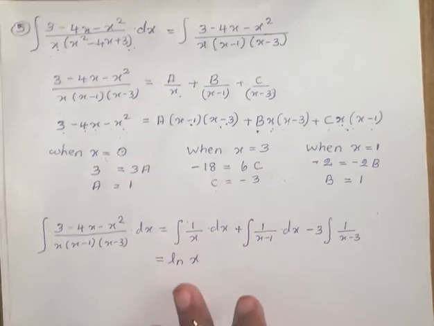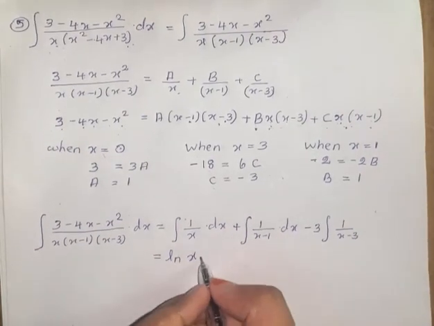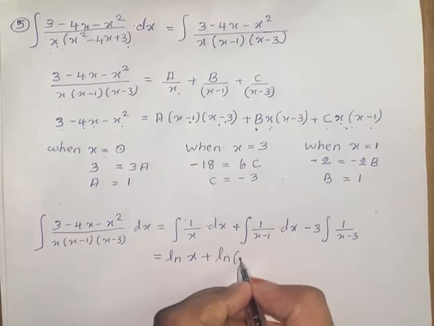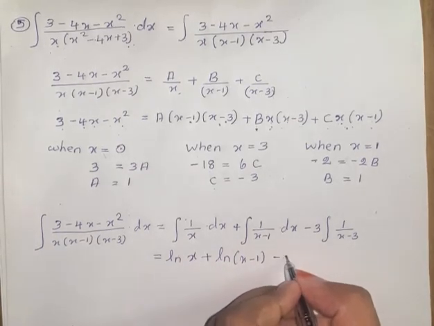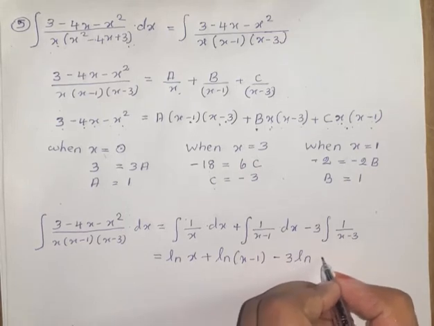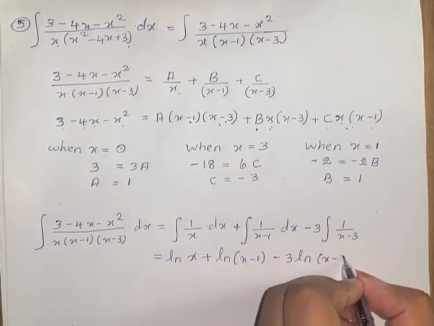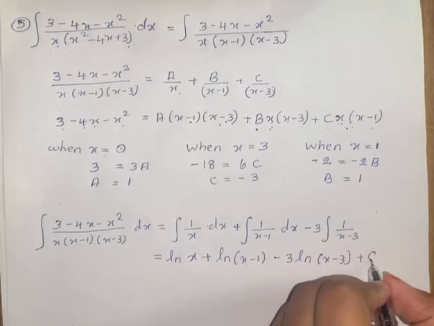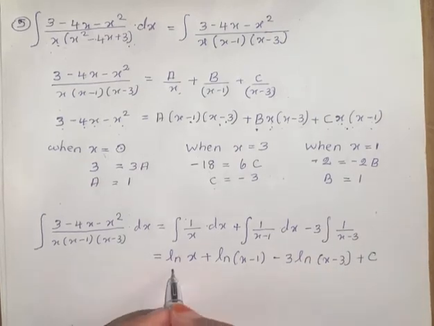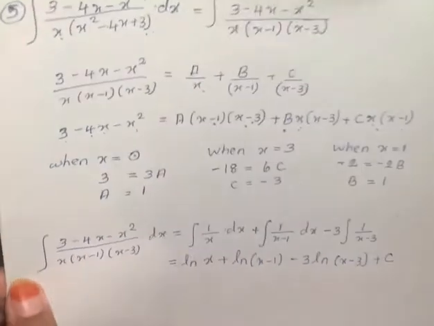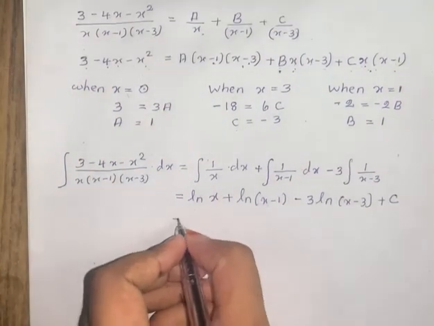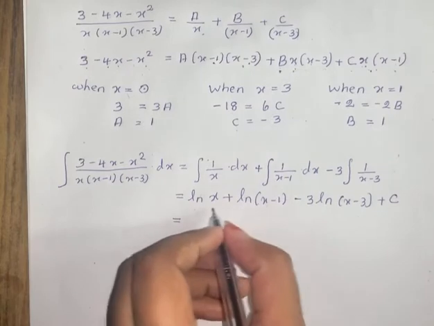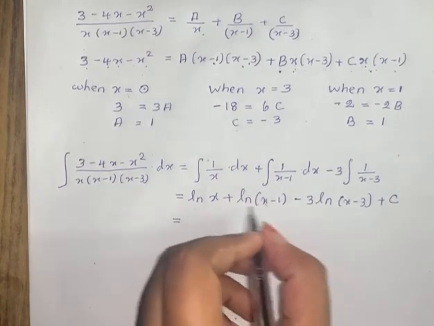Okay, so we know how to do that. So ln x plus ln of x minus 1 minus 3 ln of x minus 3 plus c. It is the log function, so if two logs are added, we can write them as a multiplication.